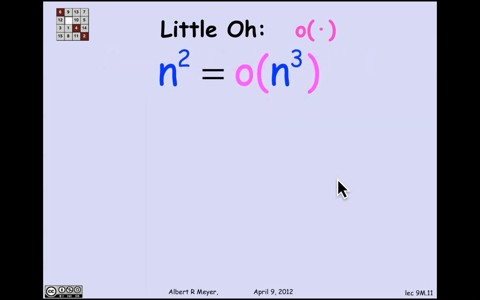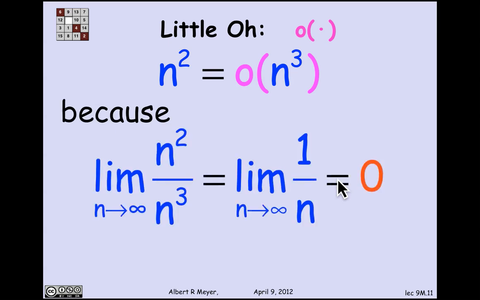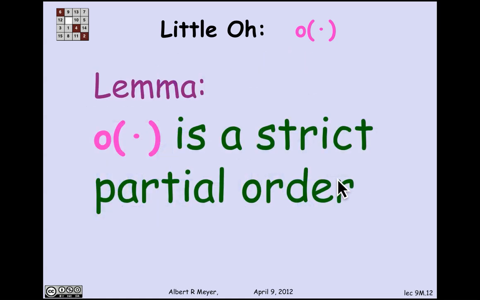So let's look at an example of that. n squared is little o of n cubed because, trivially, the limit of n squared over n cubed is the same as the limit of 1 over n. It's equal to 0. And by similar kind of reasoning that we did for asymptotic equality being an equivalence relation, it's not very hard to prove that little o defines a strict partial order on functions.